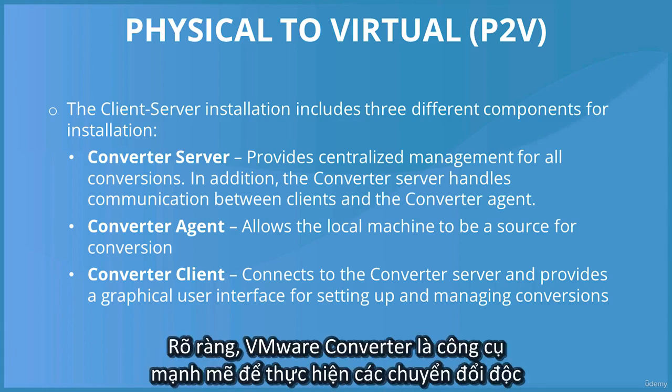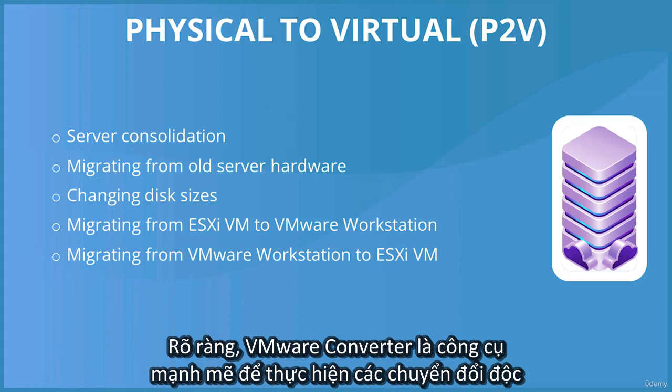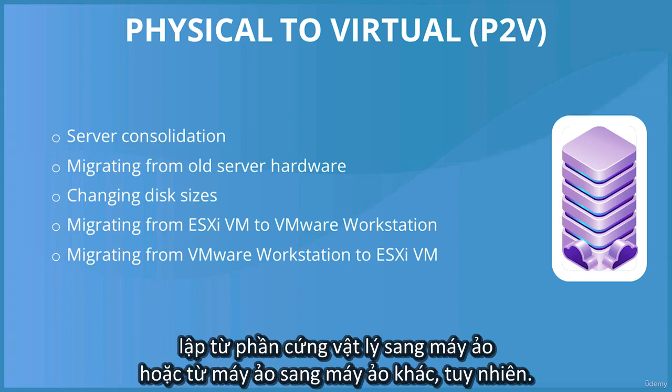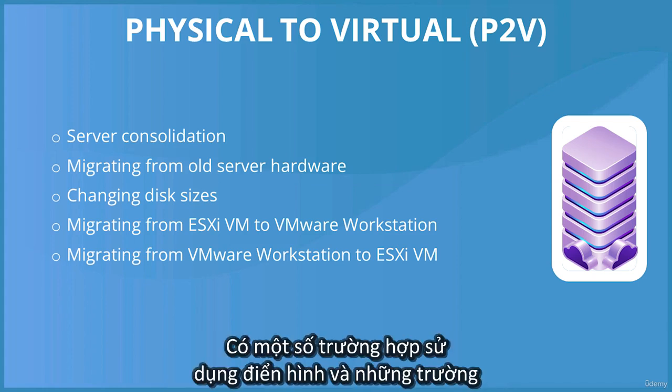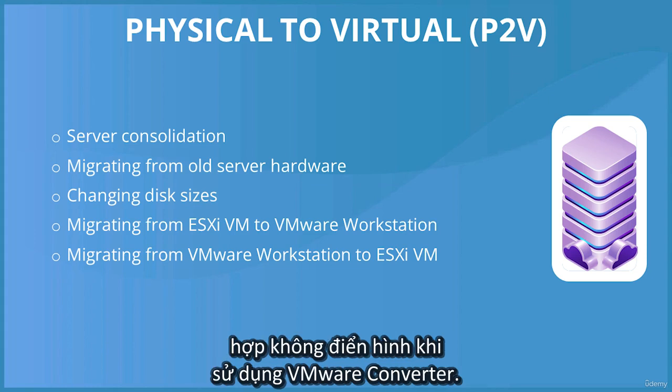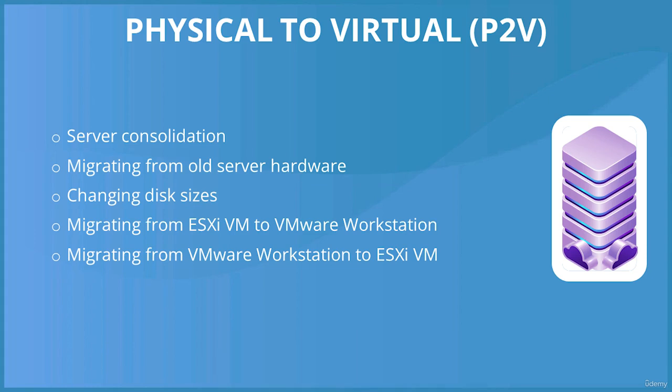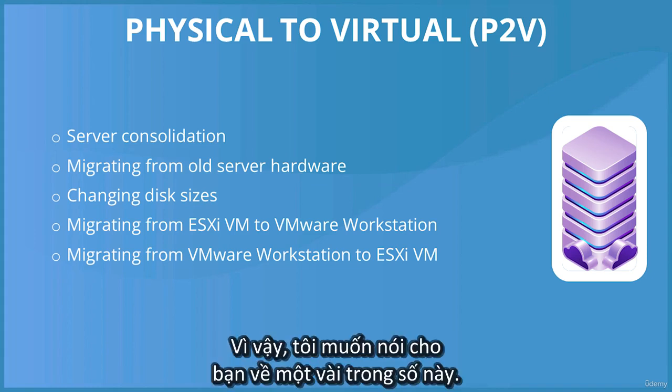Obviously, VMware Converter is quite the robust tool for performing standalone conversions from physical hardware to virtual machines or from virtual machines to other virtual machines. However, there are some typical use cases and those that are not so typical for using VMware Converter. So I want to tell you about a few of these.